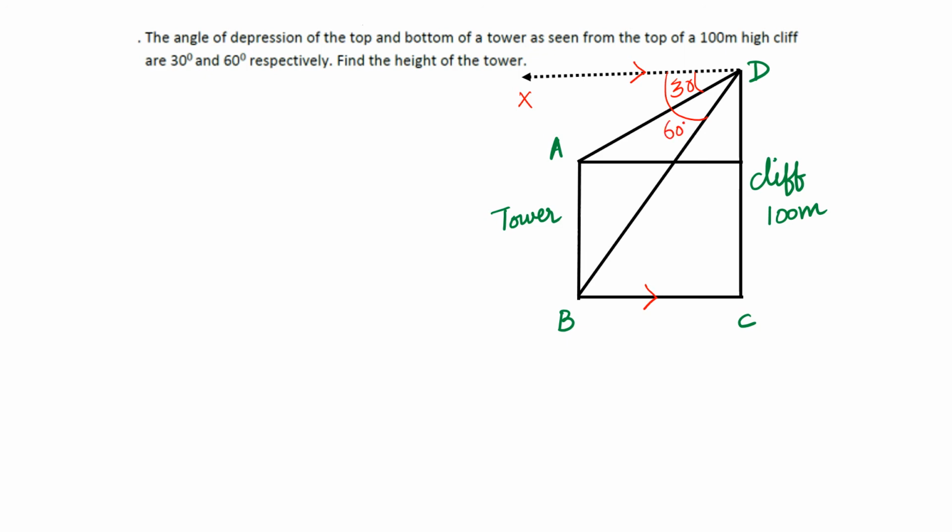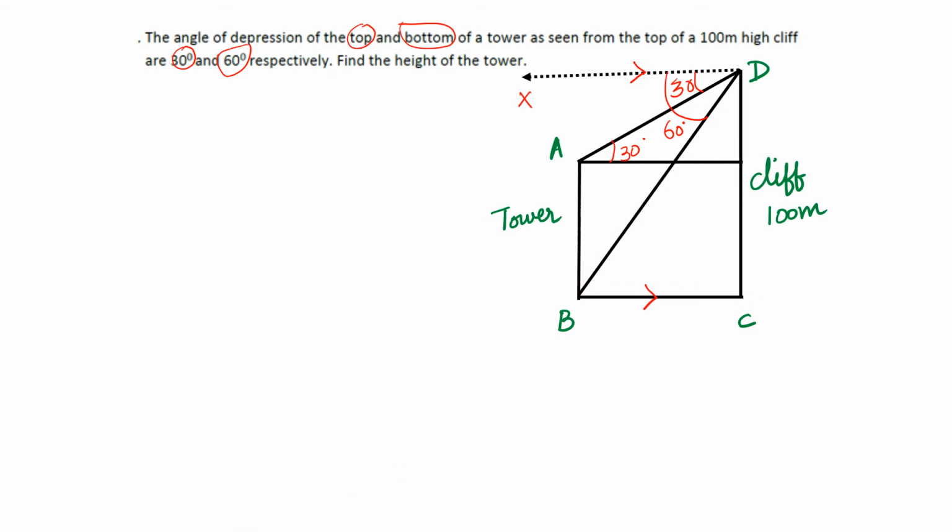See, top first, bottom second one. So we have taken like that, top 30, and you see, as I said, this is your Z angle. So this is 30 degree again. This is 30, and you see another Z angle here.